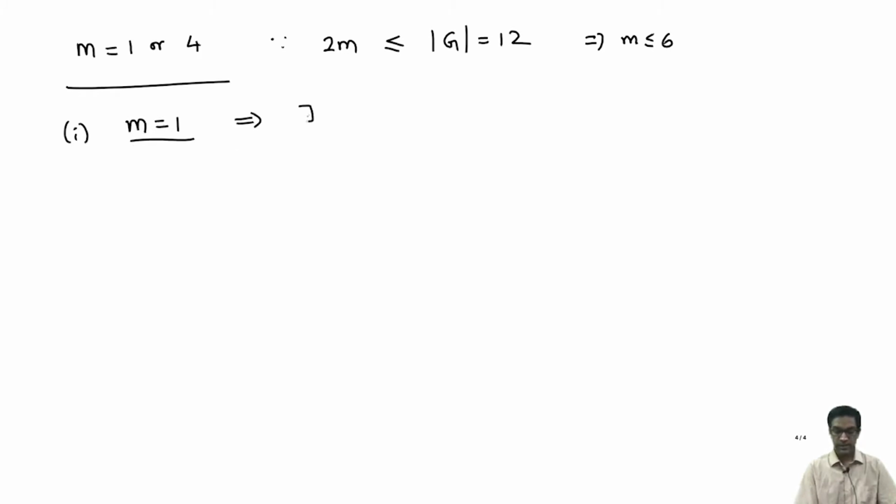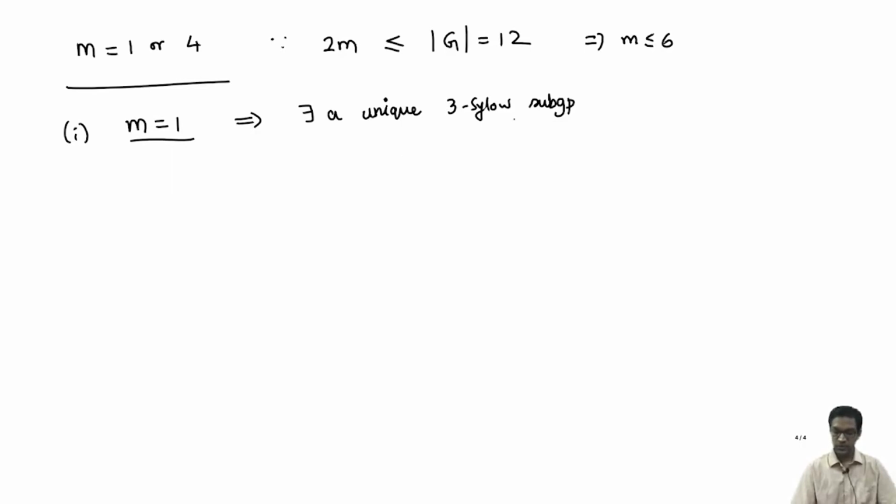This means that there exists only one 3 Sylow subgroup, a unique 3 Sylow subgroup. But what does this mean? Recall that all 3 Sylow subgroups are mutually conjugate, that's the second Sylow theorem.